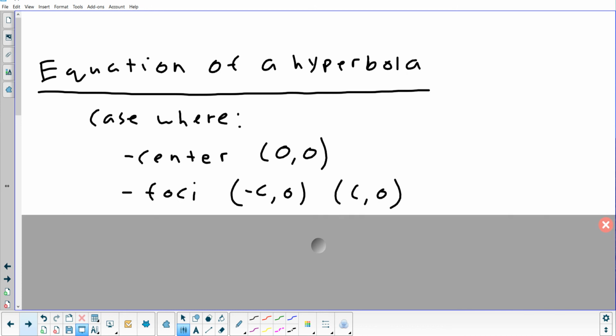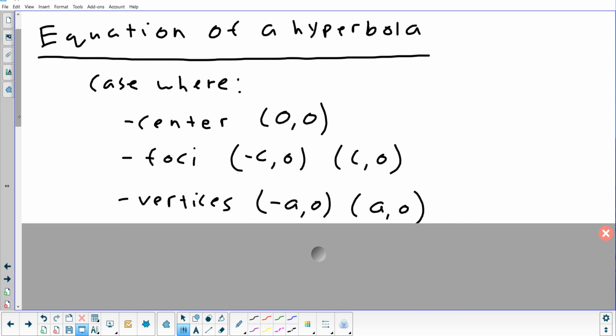Remember, the transverse axis is the axis that goes through all the important points. So your foci are going to be C units away from the center. It's just like it was yesterday. C is the distance between the center and the focus.